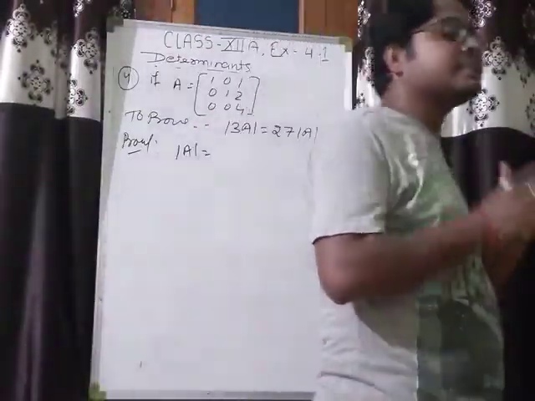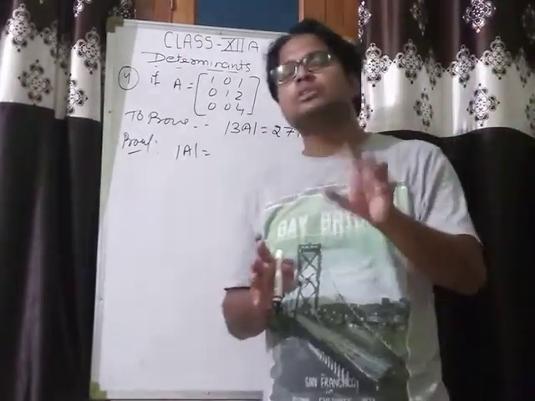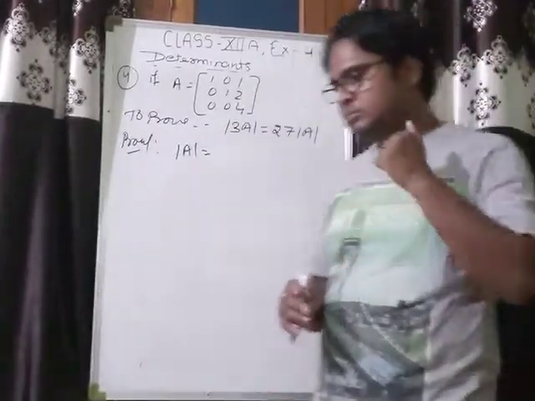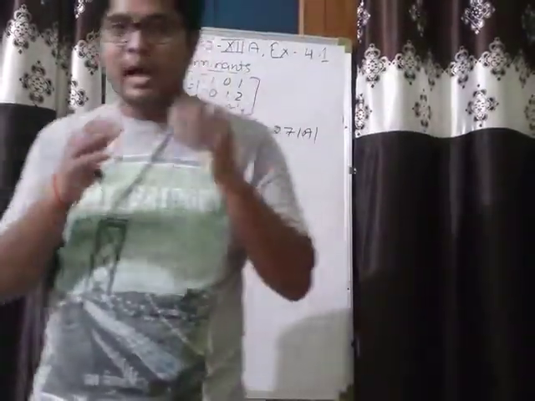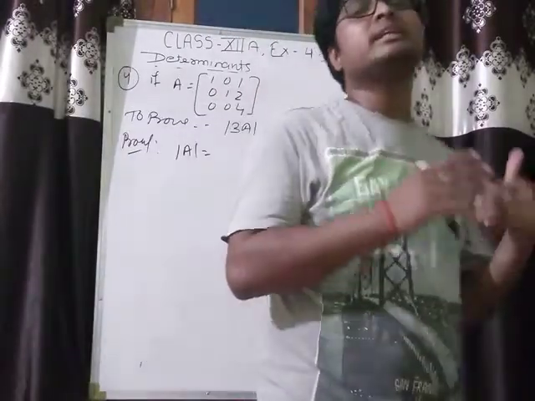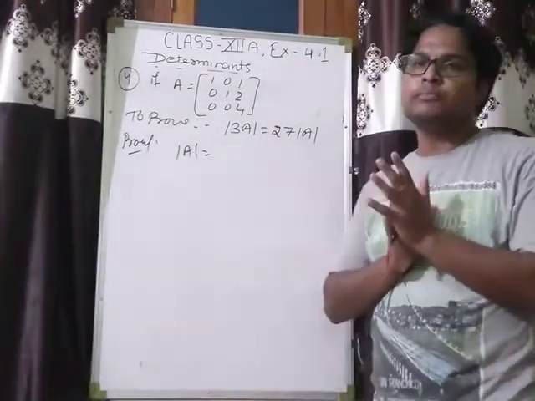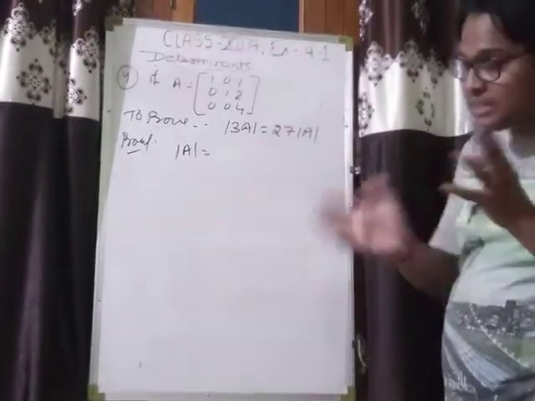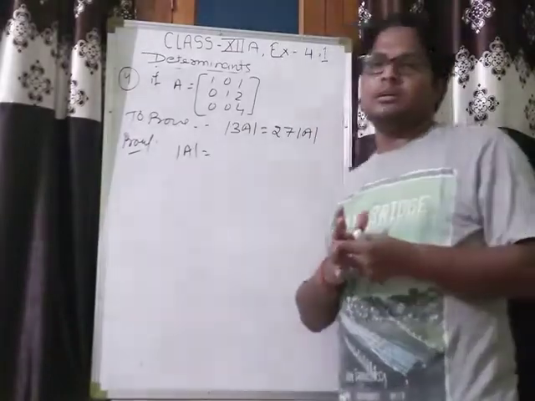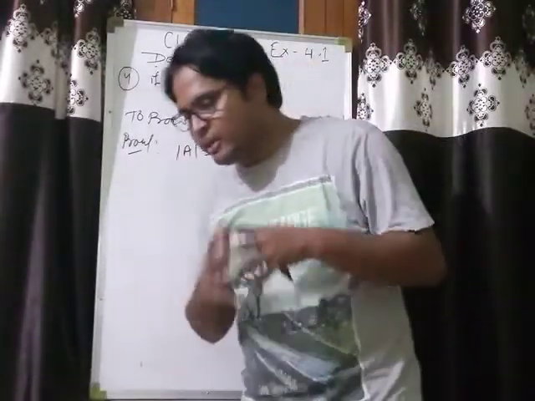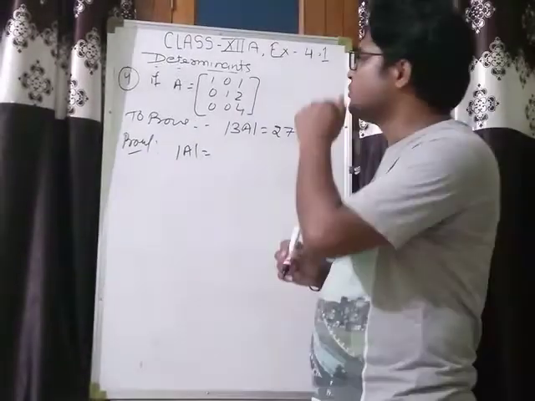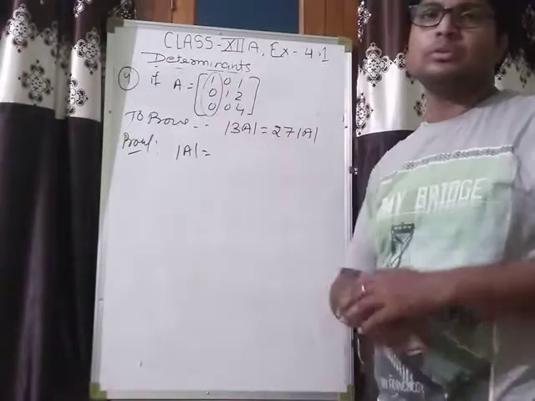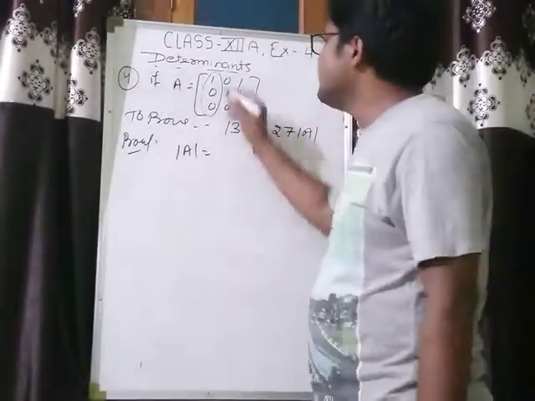Clearly there will be 6 ways to find out the determinant of a square matrix of order 3, according to each row and according to each column. I have already explained how to find this. So I am going to find this by using the first column.